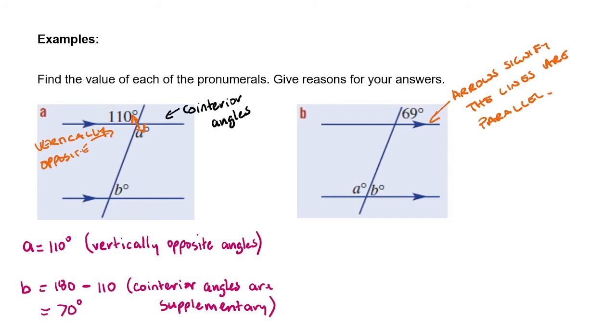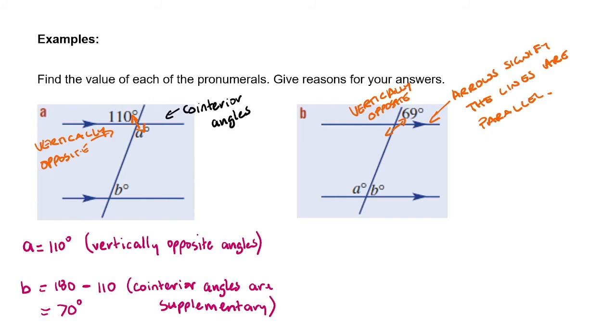All right, so in our second one there, we've got A and B again, but they're in a slightly different position. We also have vertically opposite angles again that we can use, and that creates some co-interior angles again.